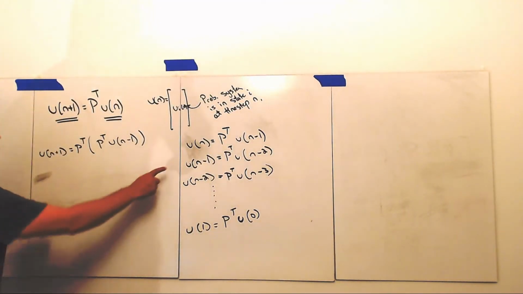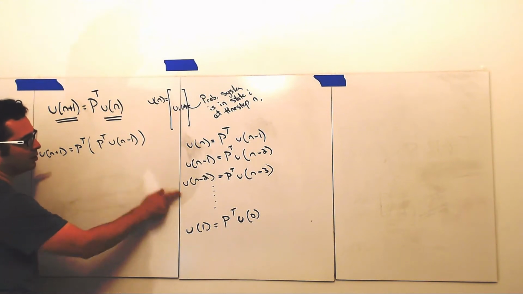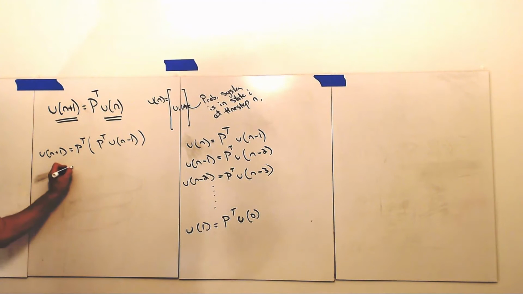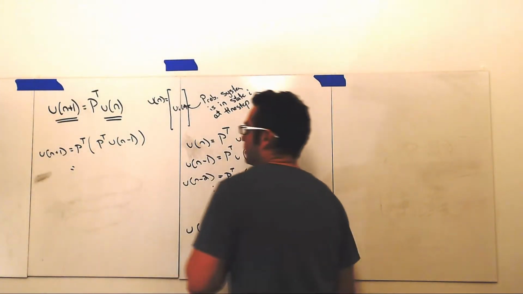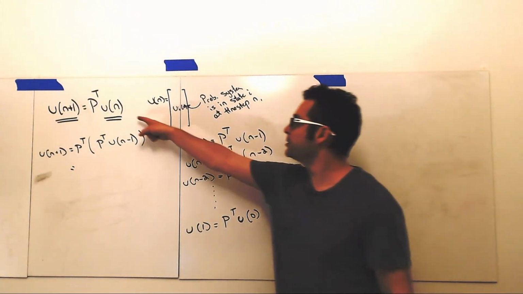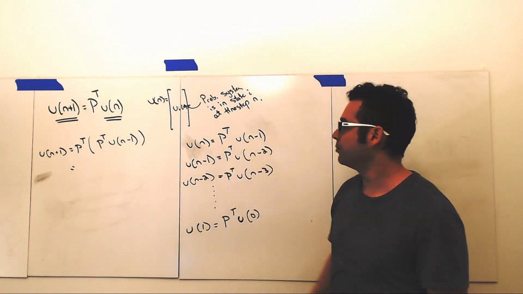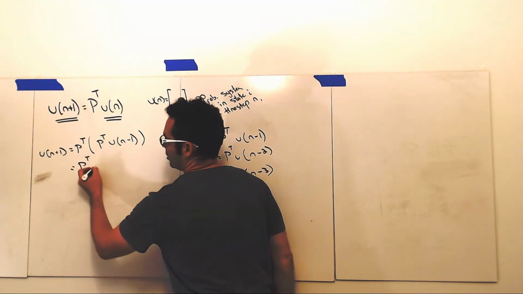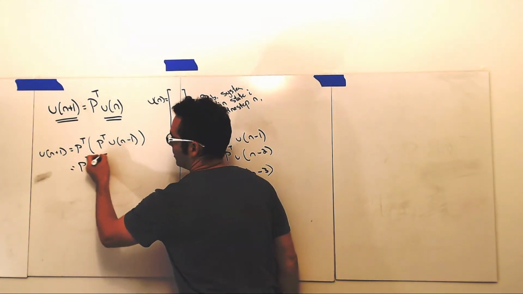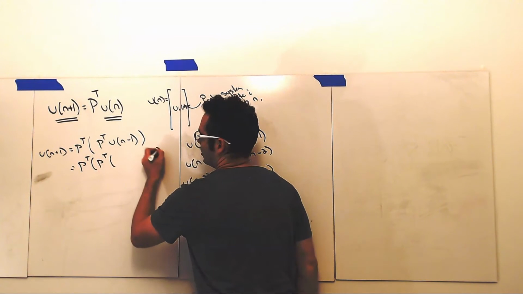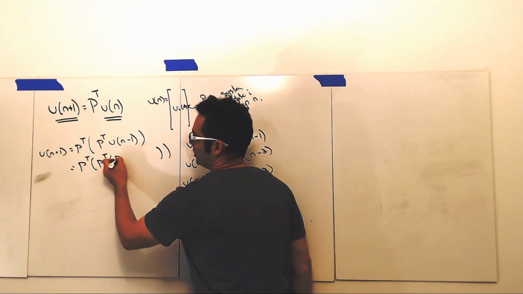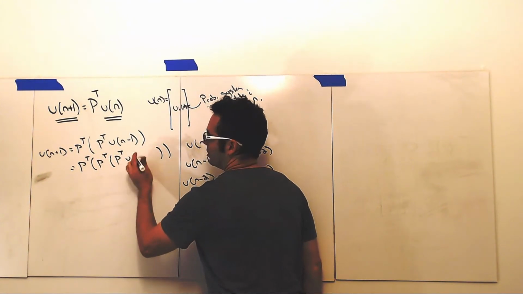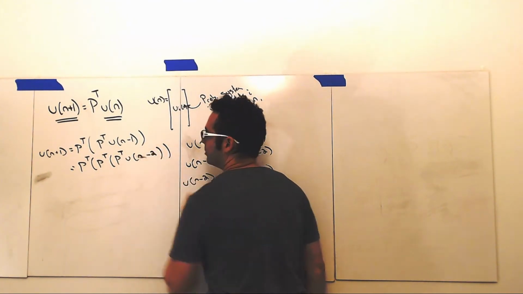So what we can start doing is substituting in these values all the way down. When we do that, we've already substituted in u of n, right? Now we can substitute in u of n minus 1, which we know is p transpose times u of n minus 2.